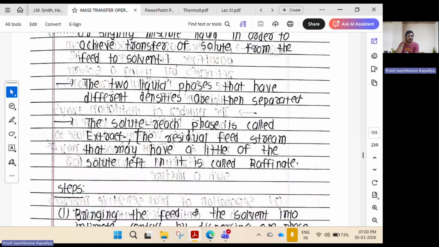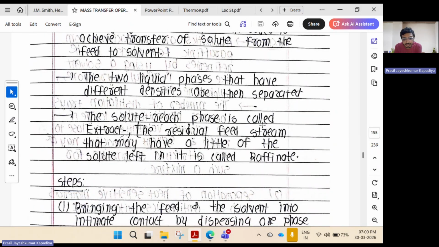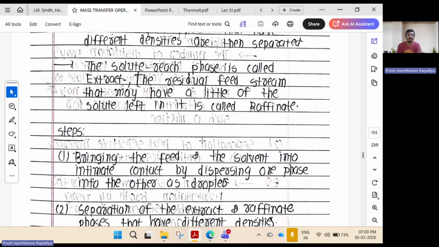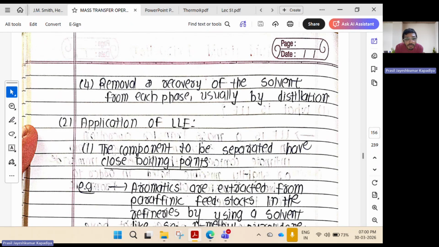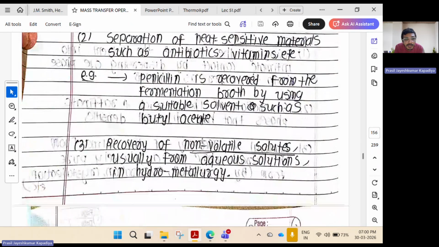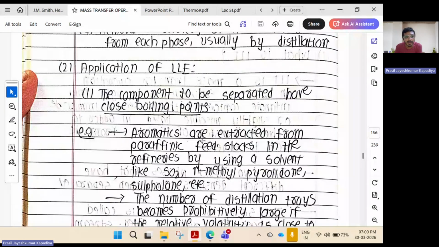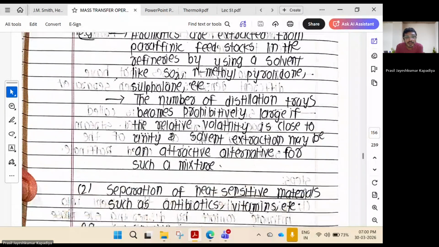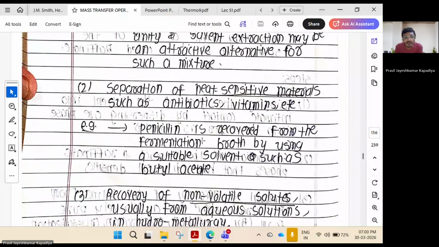Okay, so let's take this example only: extraction of penicillin. That is done by using some suitable solvent such as butyl acetate.